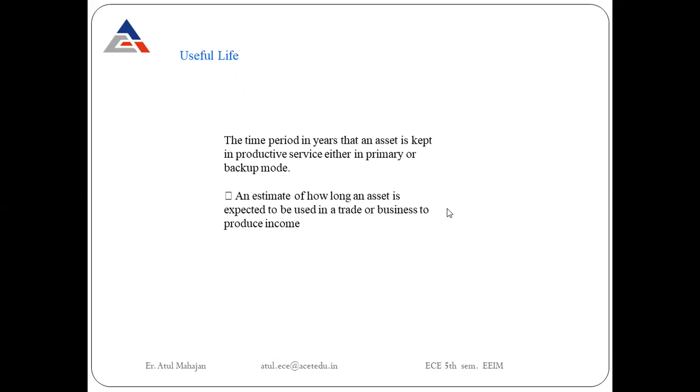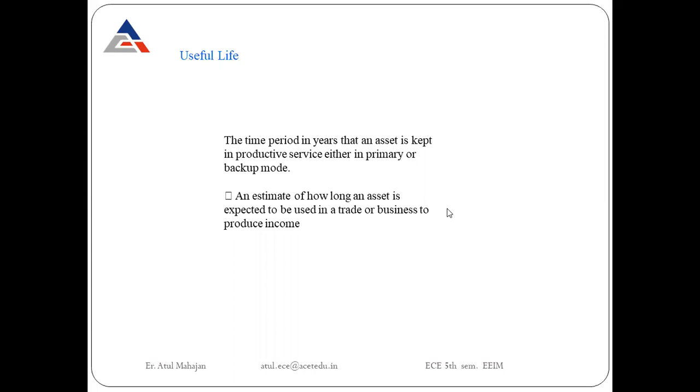Then comes the useful life of the product. The time period in years that an asset is kept in productive service, either in primary or backup mode. I can say that this is the actual time period that an asset is kept in productive service.